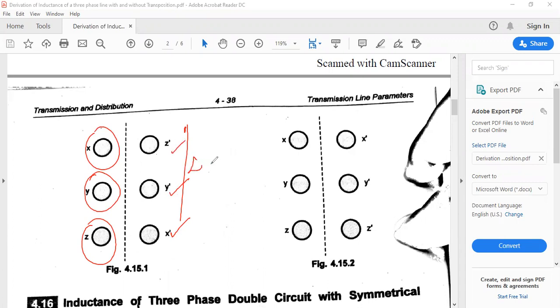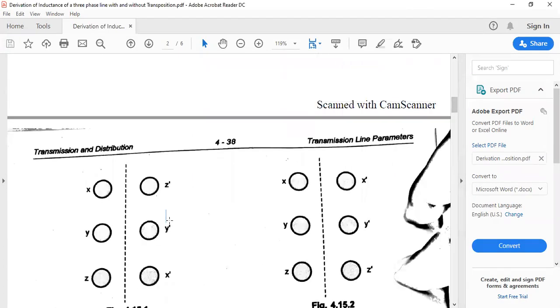One arrangement has lesser inductance and the other has more inductance. We have x and x dash, y and y dash, and z and z dash, and this arrangement leads to a lesser value of inductance.